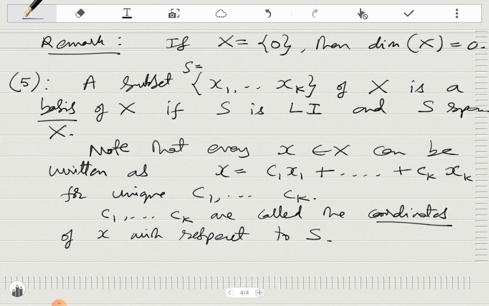So here the most basic example is S equal to the basis e1, e2, en, and the vector space X is all of Rn.